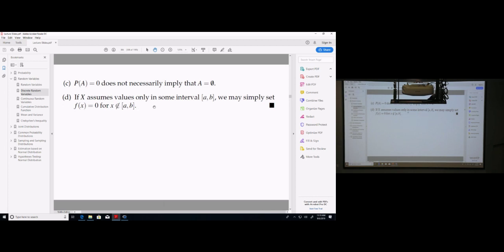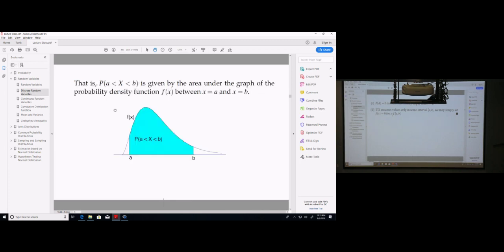If X assumes values only in some interval [a, b], we may simply set f of x equal to 0 when x is outside. Now, if you have a physics background, you can think of this as a wire that is not of uniform density, and you want to find the mass of the wire.